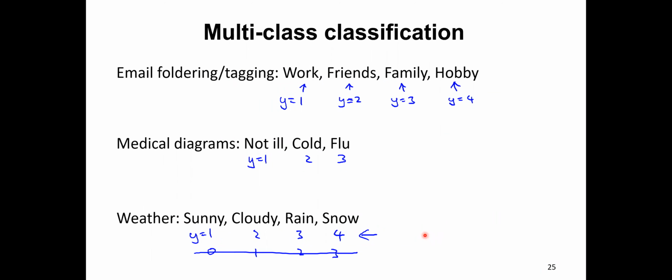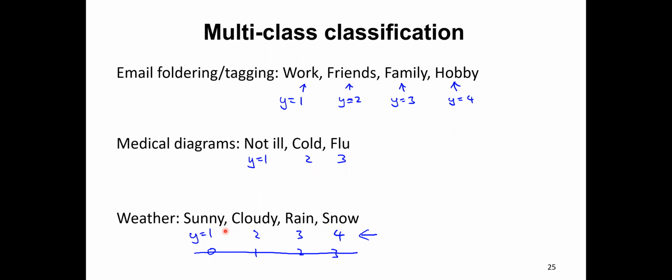Now, so far we talked about only binary classification. What about multi-class classification? For example, email folder tagging: you have work, friends, family, and hobby. You have 4 classes. When an email comes, you want to automatically put it into the right category. In medical diagnosis, you have not ill, cold, and flu, so 3 categories.